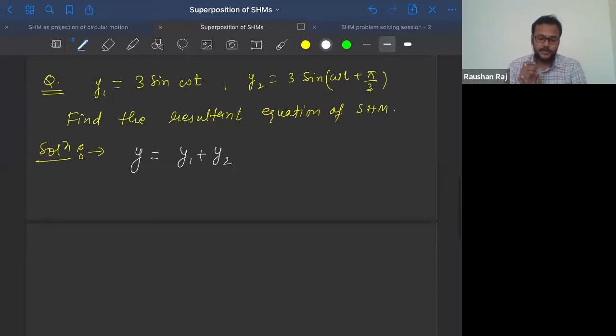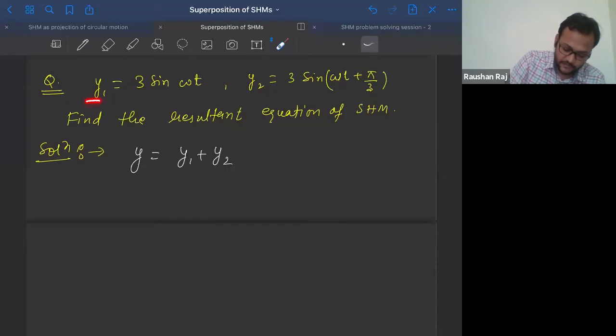So Y1 is given to us, Y2 is given to us. How do we decide which one should be considered A1 and which one should be considered A2? The one which has the lesser phase should be considered A1, and the one which has the larger phase will be considered A2. Now tell me, what is the phase of Y1 here? Omega t. What is the phase of Y2 here? Omega t plus pi by 3.